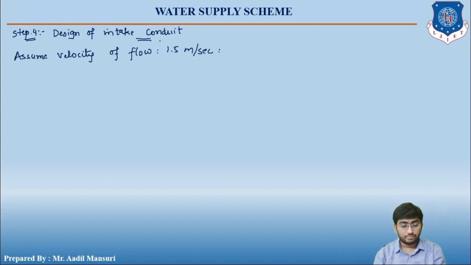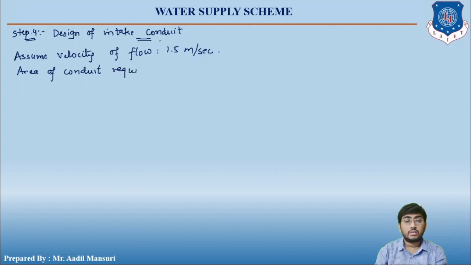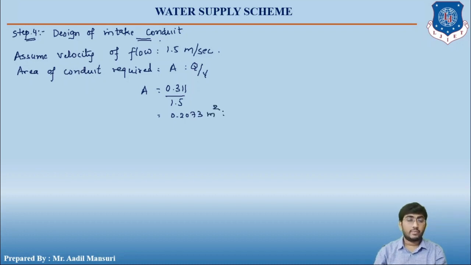Now area of conduit required will be A equal to Q by V. So area will be equal to 0.311 divided by 1.5, and that is equal to 0.2073 meter square.